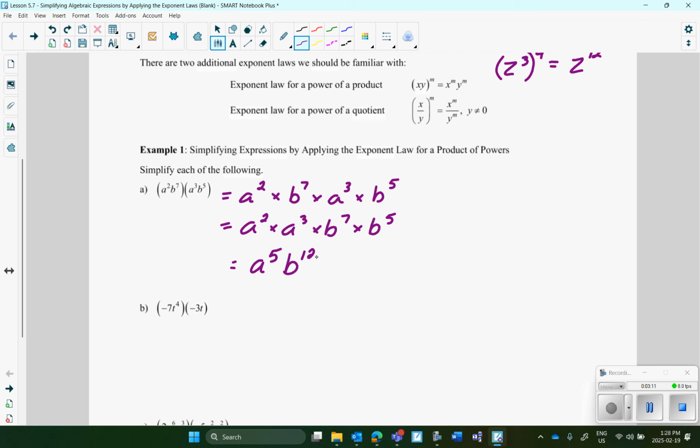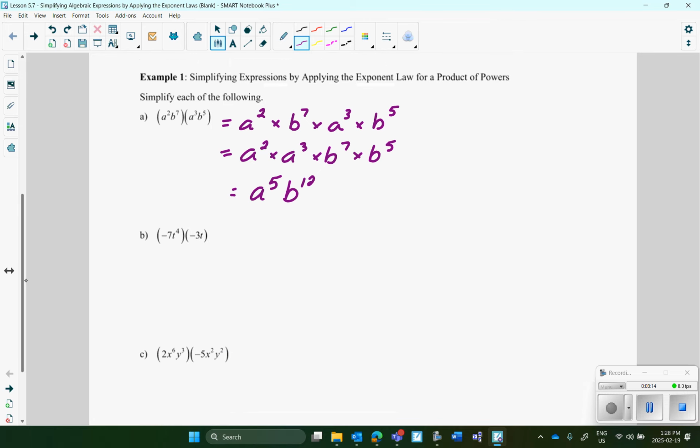So for the second one, think of it this way. Multiply the coefficients, the numbers in front, by each other, multiply the t's, and then put those together. So if I multiply the numbers in front, what do I get? -7 times -3. Okay. Anybody think it's different than t to the 4th?